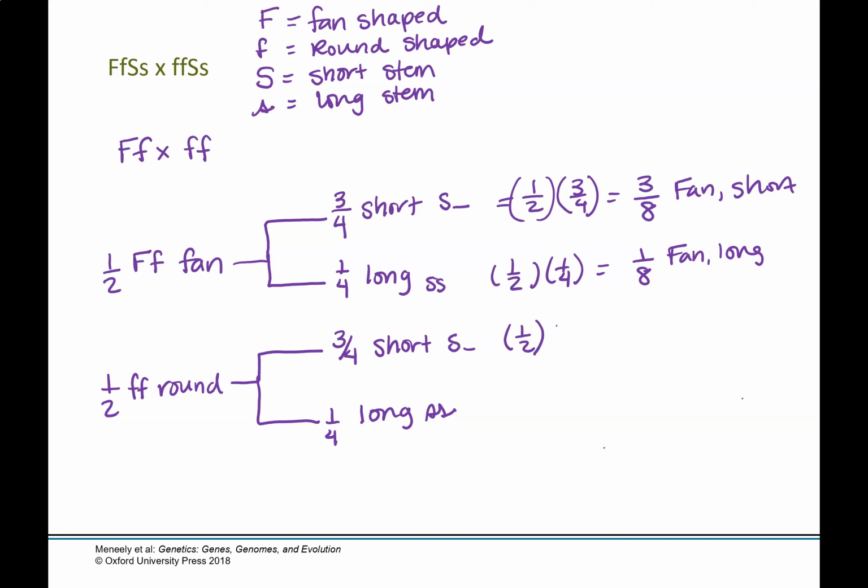And then the probability of round leaves with a short stem is 3/8. And then the probability of round with long stem is 1/8.